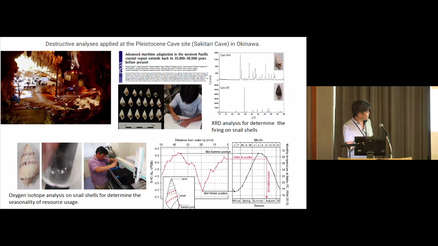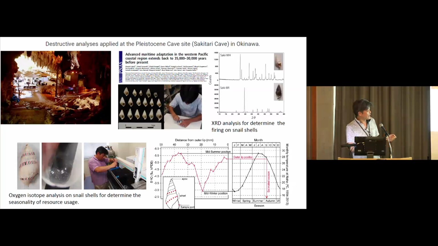And oxygen isotope analysis was conducted along the growth line of the snail shells. And the oxygen isotope ratio varies in relation to the water temperature. So we can get the water temperature data that this specimen experienced. And finally, we can determine the season of death of this specimen.